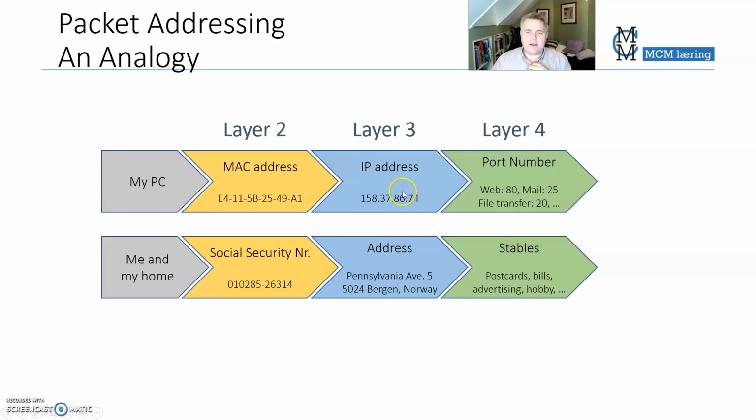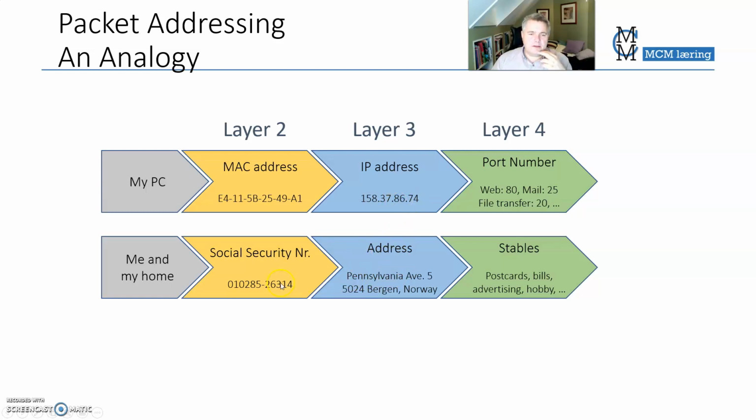Then I have my IP address, and the IP address is something that is programmed into my computer when I connect to a network. When I connect to the network at work, I will be given one IP address, and then I take my computer home, and I will be given another network address at home. So that is layer 3, because it tells us where that address belongs.